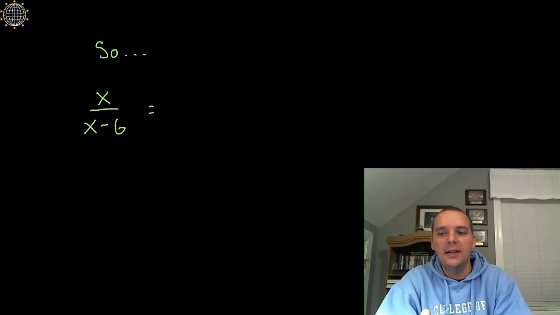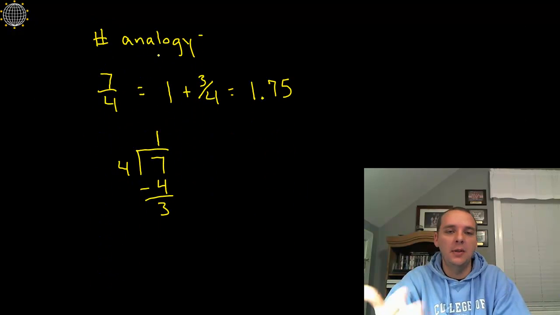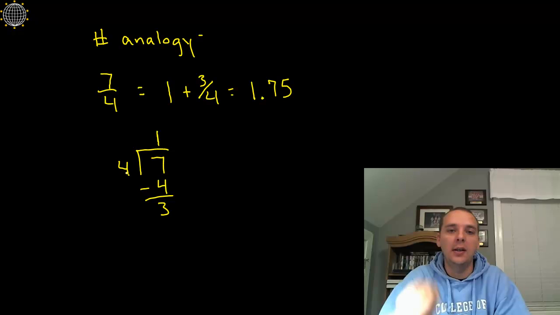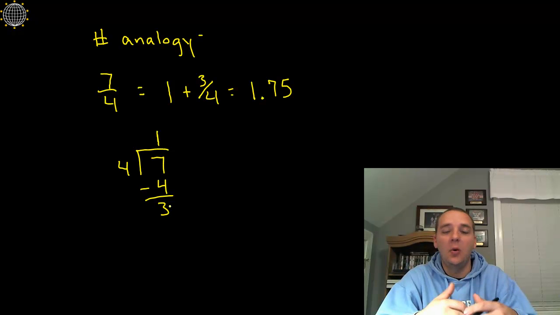Now, how does it do that exactly? Well, let's take a time out for a second. Let's look at a number analogy, and maybe this will help us. So if we were doing 7 divided by 4, and I wanted to rewrite this as a decimal or something, then I would literally have to divide 4 into 7. 4 goes into 7 once. 1 times 4 is 4. We subtract, we get a remainder of 3. Now, what do we do?